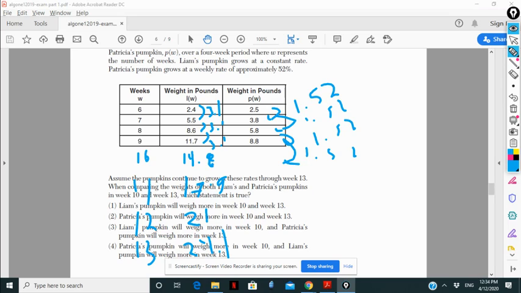So 8.8 times 1.52 gives me 13.376, times 1.52 gives me 20.33152, times 1.52 gives 30.9039, and times 1.52 is going to be 46.97.